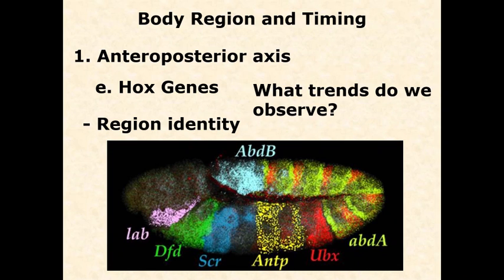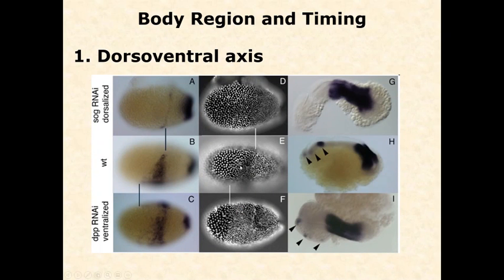Okay, so we will use this anterior to posterior axis and these Hox genes as our key core example throughout the class, and we'll talk in a lot more detail both in Drosophila and then a little bit in other organisms also. But remember that as complicated as this is, there are just as complicated patterns to pattern the dorsal to ventral axis. And we could look at a number of genes that do that. And if we mutate those genes, we'll get differences in the dorsal to ventral patterns.